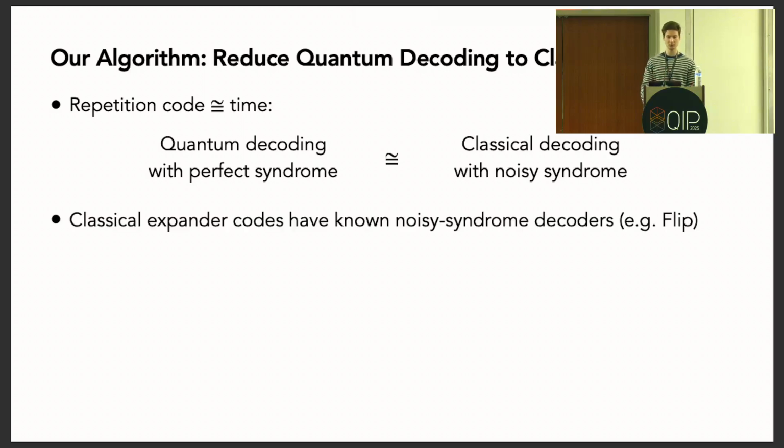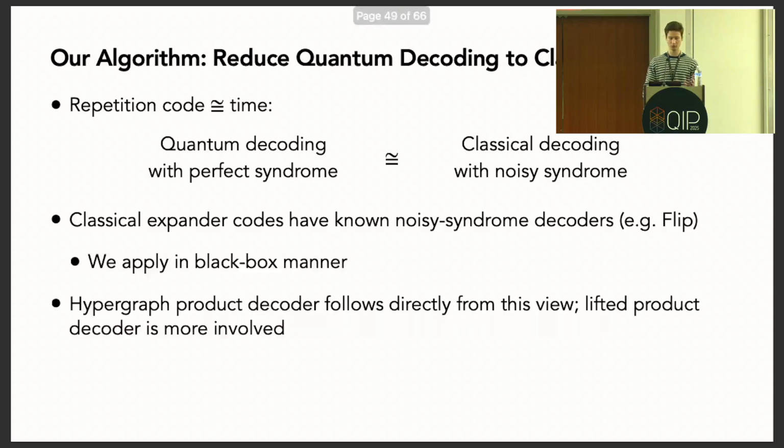Fortunately, such classical decoders are already known in the literature. For instance, a greedy flip algorithm works. So if we just apply these classical decoders in a black box manner, we almost directly get a decoder for hypergraph products of expander codes and repetition codes.